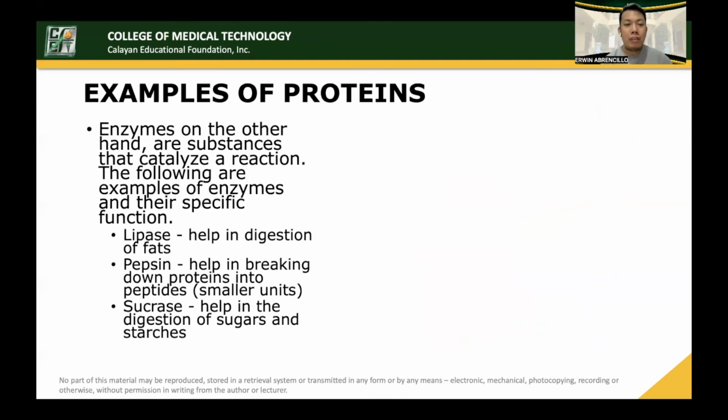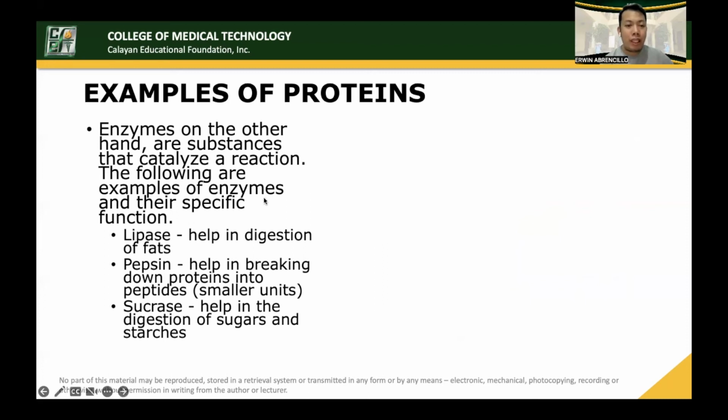Another one, and this is the last part of the examples of protein, is the enzymes. Enzymes are proteins, and they catalyze chemical reactions. They speed up chemical reactions, but they themselves are not part of the reactants nor the products.